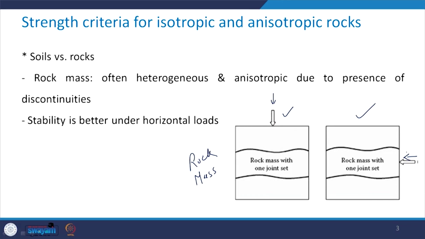If we have such a joint set, like here it is this joint set, then in this case the stability is going to be better under this horizontal load as compared to the vertical load.